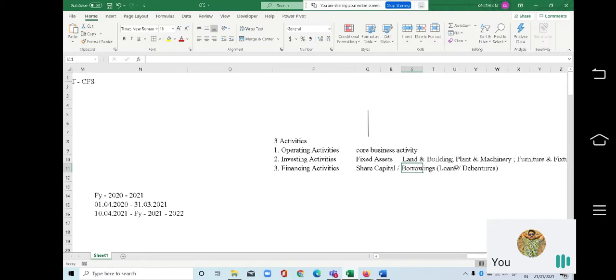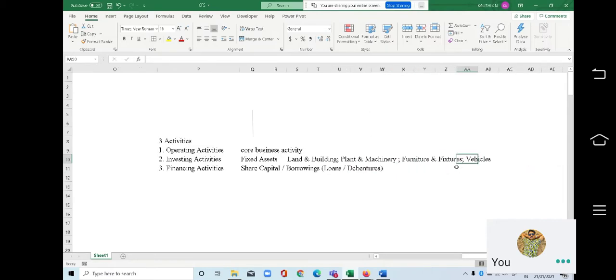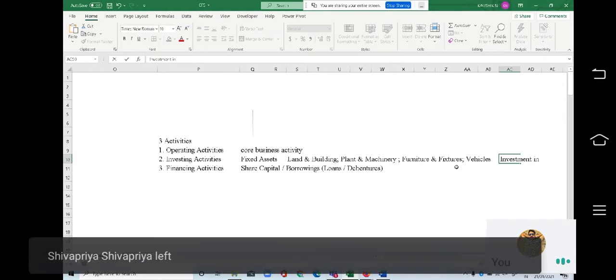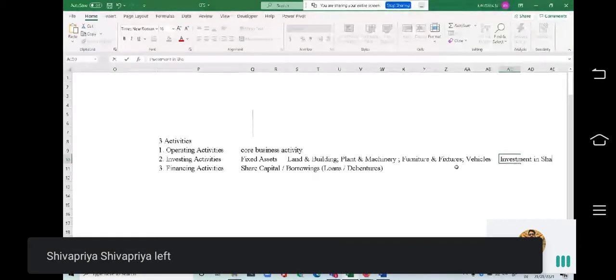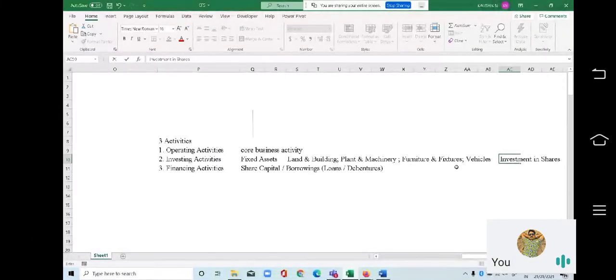Most probably these are the items which you will be finding in the fixed assets. And also you might have some investment in the securities. You could also see investment, okay, investment in shares. Okay, investment in shares will also be a part of investing activity.